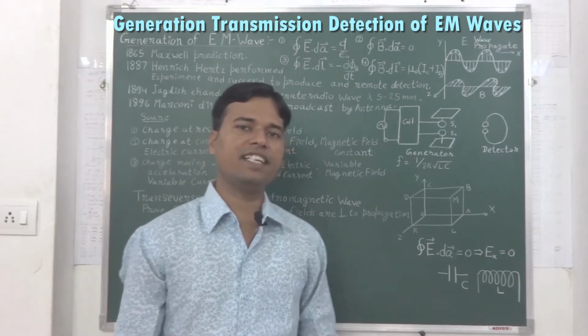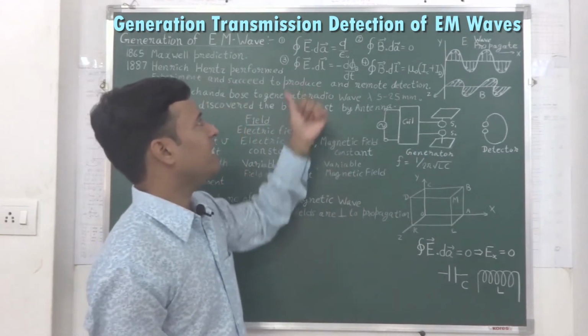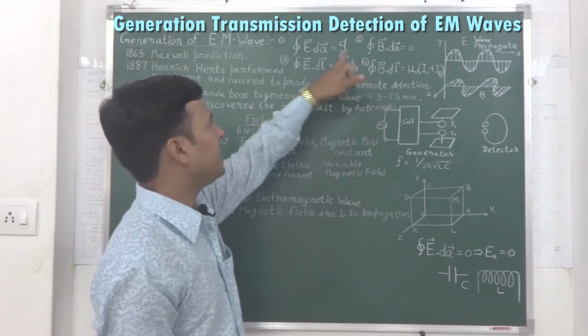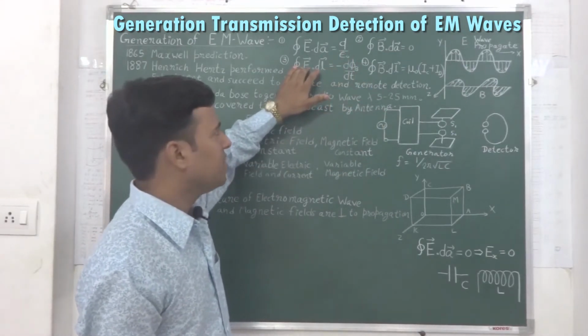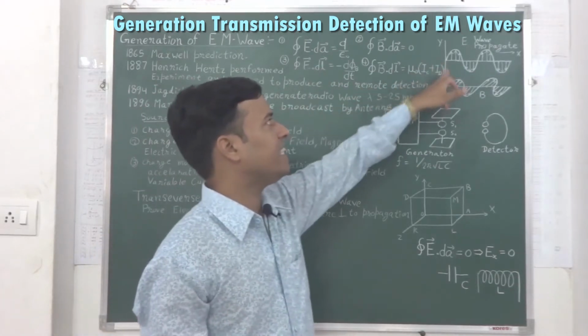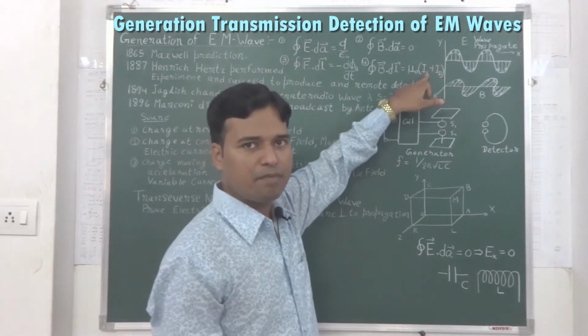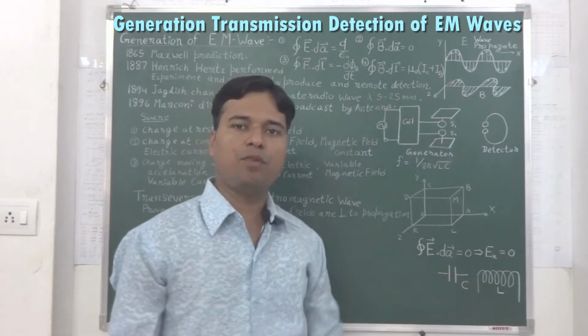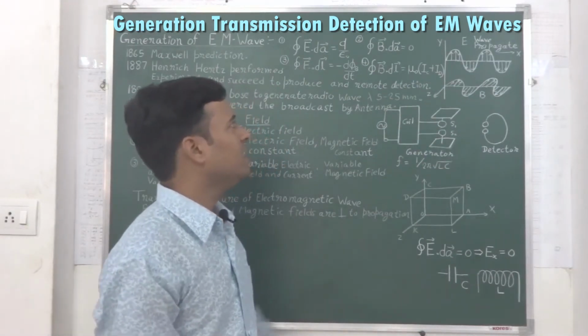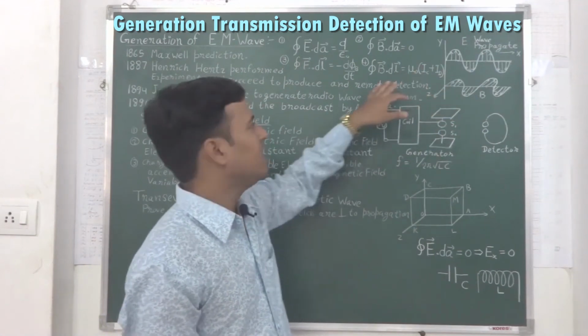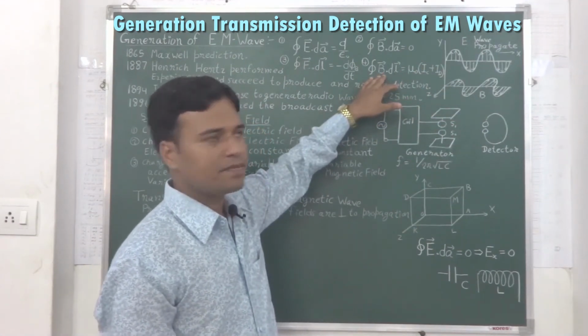According to his consideration, a time-varying magnetic field can generate an electric field. If there is a time-varying electric field, the displacement current is proportional to the time rate of change of the electric field, so it will generate a magnetic field.